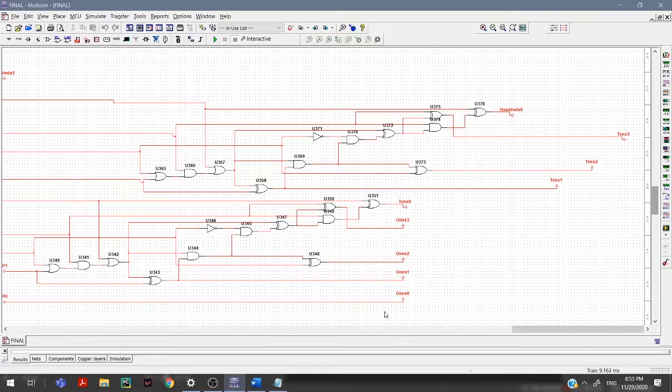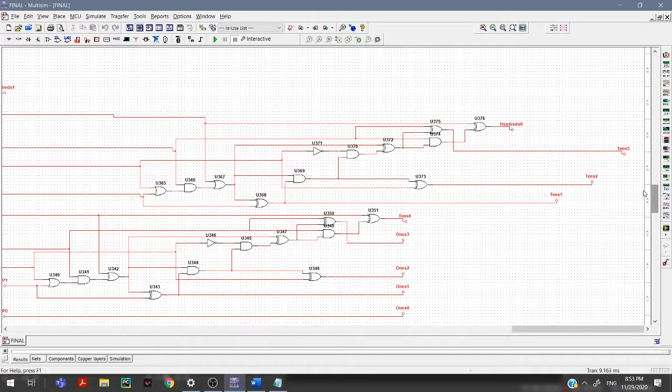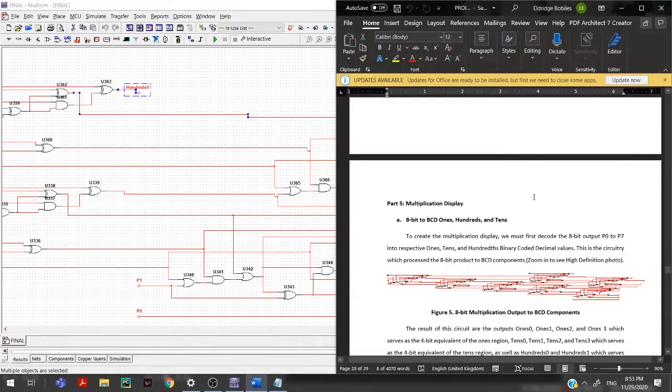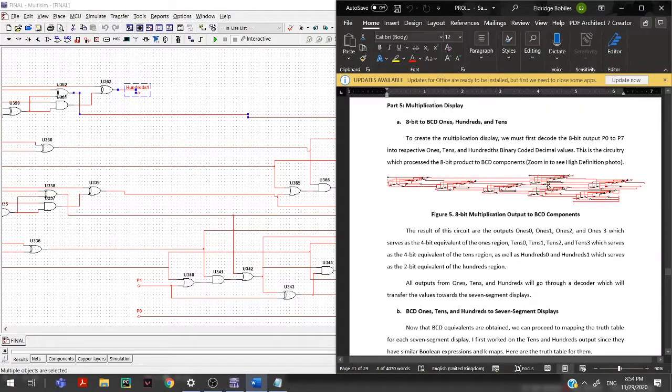This will serve as the 4-bit BCD for our ones digit in the 7-segment display, and this will serve as tens 0, tens 1, tens 2, tens 3. This will serve as the 4 bits for our 7-segment display in the tens digit, and the hundreds digit for the last. These were created through different gates.